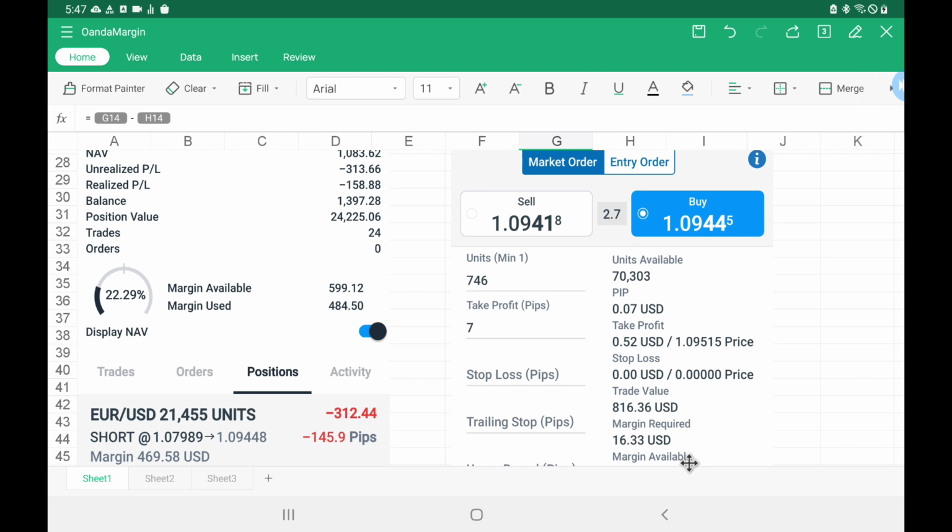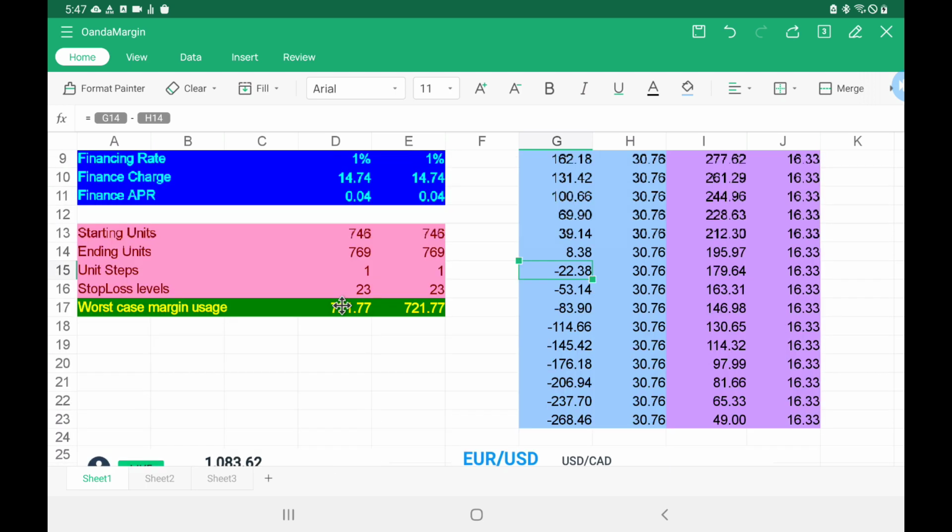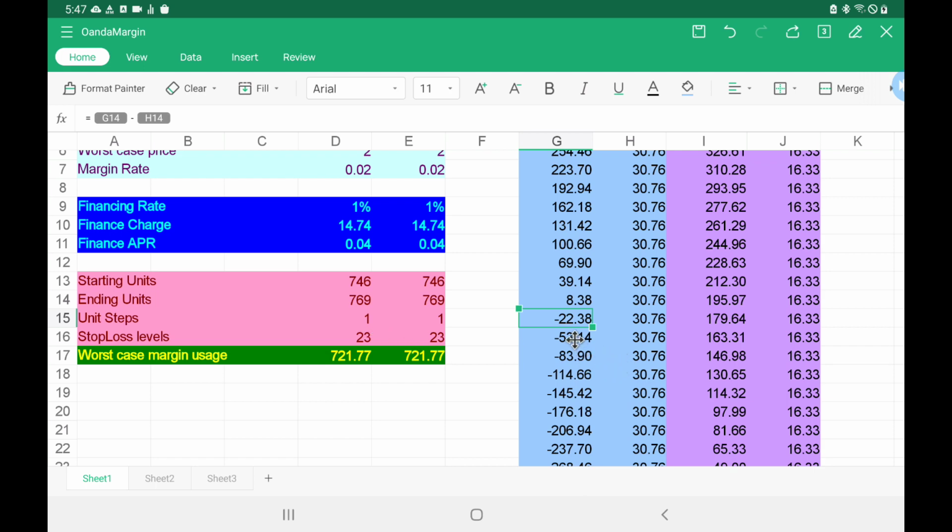That is critical because, as you can see, I have still $599 of margin left. Even though this shows I've blown the account up, the bot's going to stop automatically as soon as it can't get a new position. It's going to stop dead.